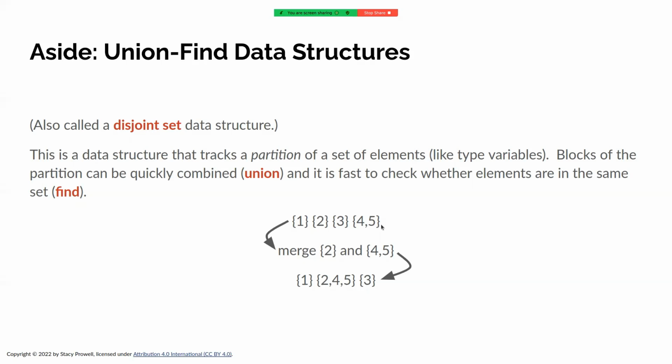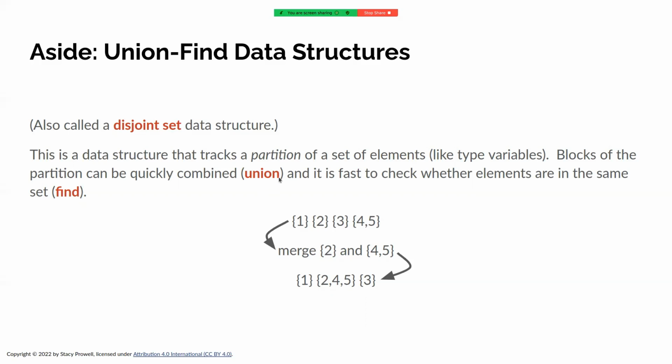Okay. Another way to think about it is each of these is an equivalence class on the set. So 1 is equivalent to itself, 2 is equivalent to itself, 4 and 5 are equivalent to each other and themselves. All right. Partition, equivalence class, however you'd prefer to think about it, that's fine.